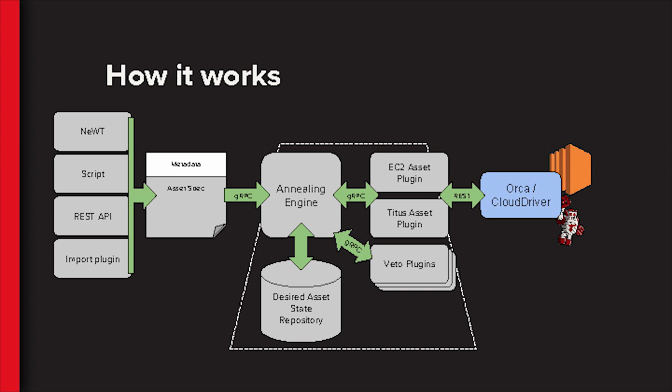If anyone doesn't know what Newt is, it's Netflix... I can't even remember what it stands for. Workflow Toolkit. A lot of people in Netflix use this to bootstrap their applications. I think if we can have that thing generating the assets that will get pushed into Keel, that makes an awful lot of sense for people.